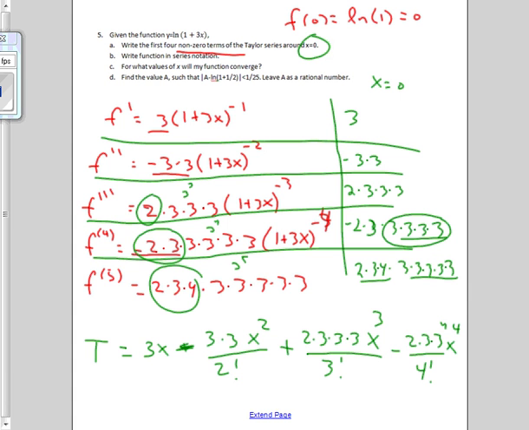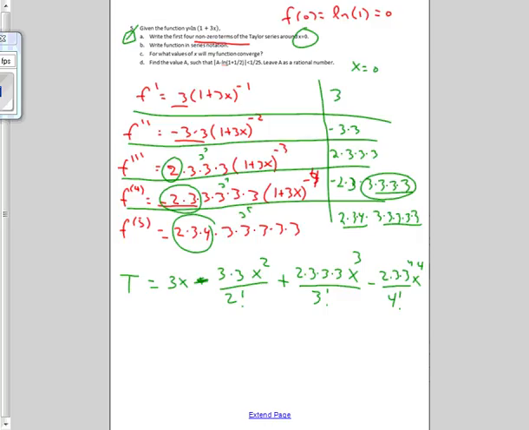And I'm going to write one more. So that's right for A, but I'm going to write just one more term for my own sake. So then plus 2 times 3 times 4 times 3 to the 5th x to the 5th over 5 factorial.